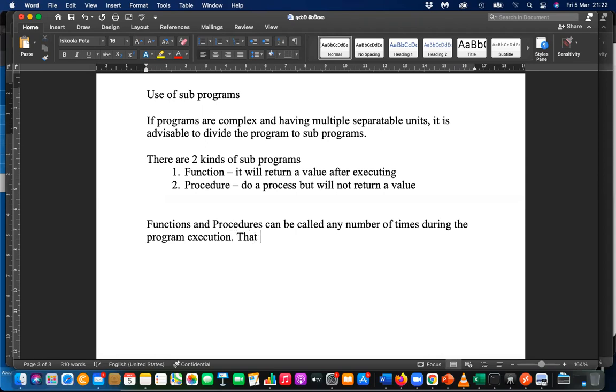That will reduce code replication or repetitive work. The function or procedure can be called again and again during the same program. Since you can call this again and again, you don't have to write the code again and again. Call again, call again, call again. The only thing you have to do is call it again.